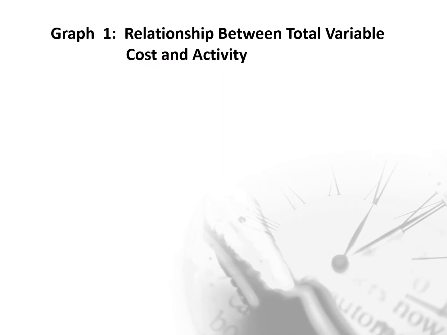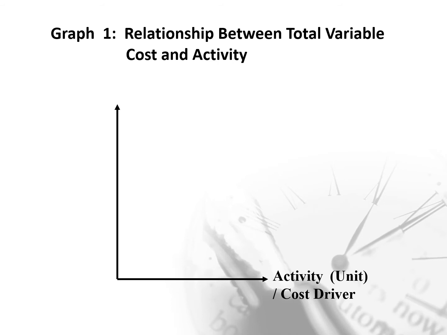Relationship between total variable cost and activity is illustrated in graph 1. First of all, draw the x-axis, that is the activity or the cost driver in units. Then draw the y-axis, that is cost in RM.